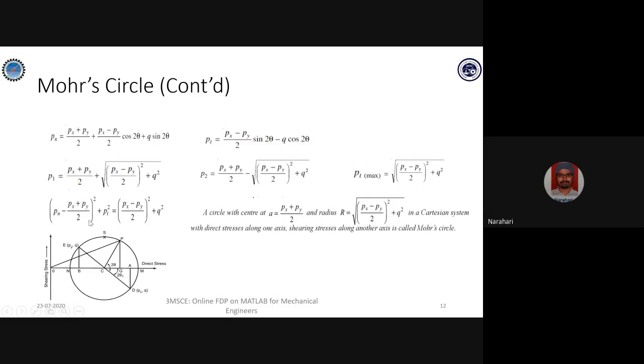You can see an indicative figure in this slide. This is the Mohr circle, which we get by plotting various points. Now we will take up an example to obtain this Mohr circle.